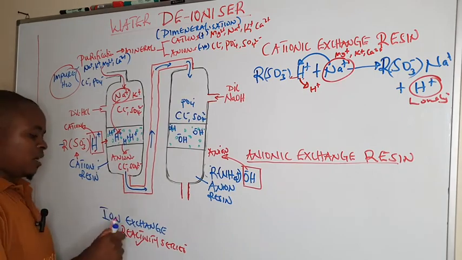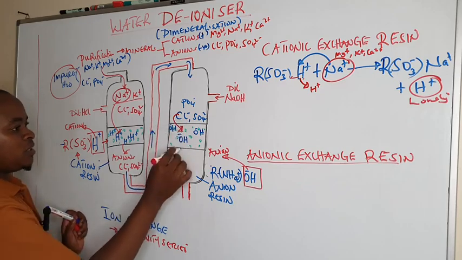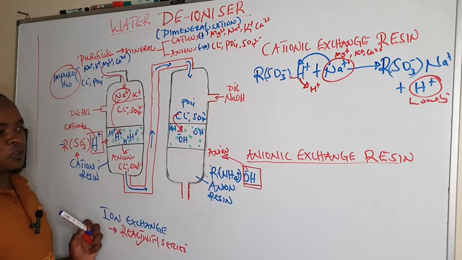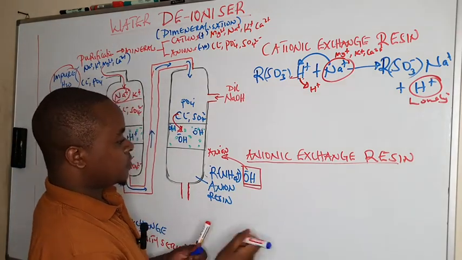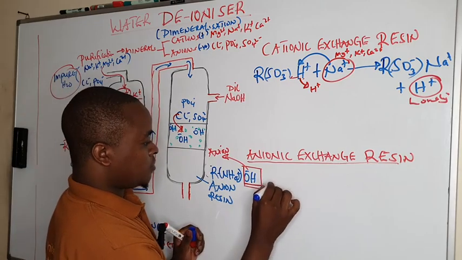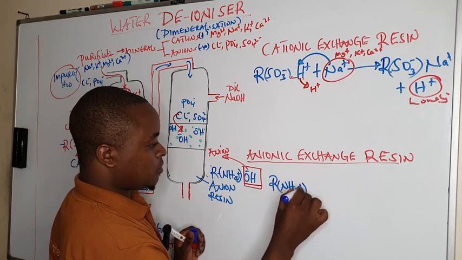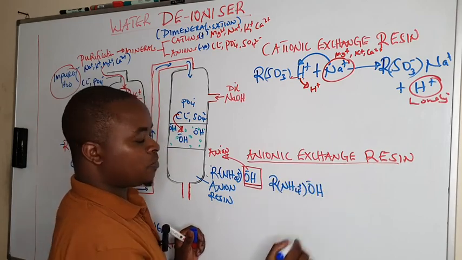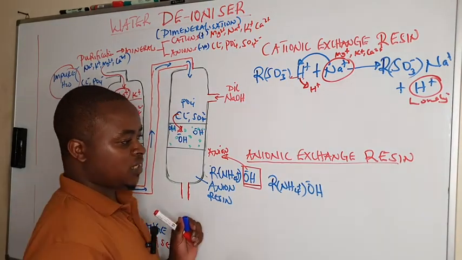So when they pass through this anionic resin containing the hydroxyl group, remember the hydroxyl group is weaker in reactivity.